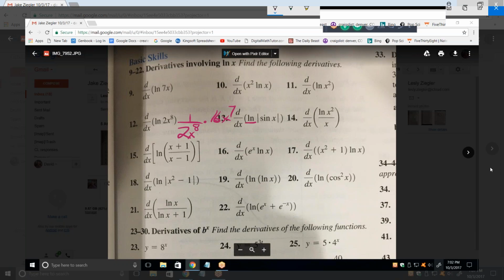Simplify that. 8x to the 7th over x to the 8th. Simplify it further. 8 over x. There you go.